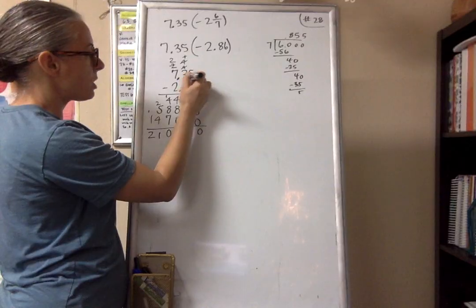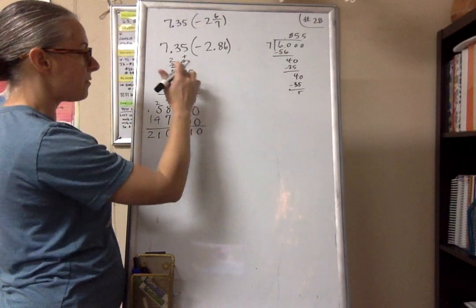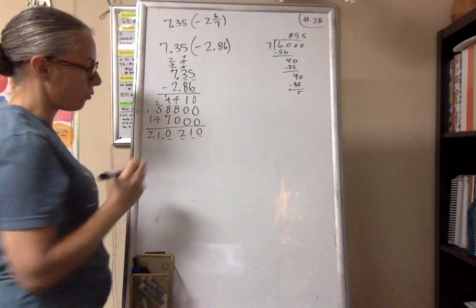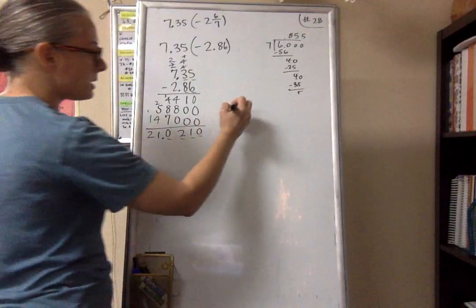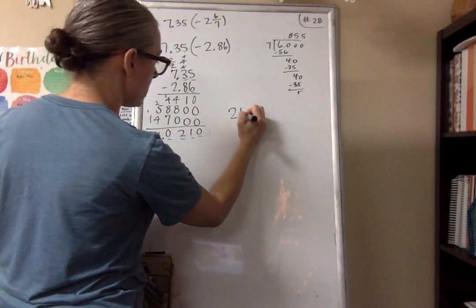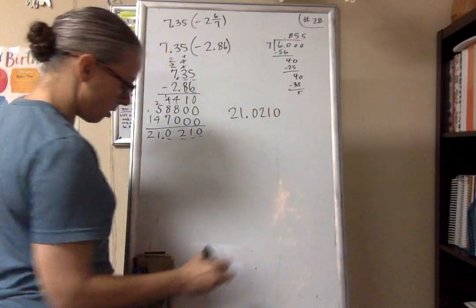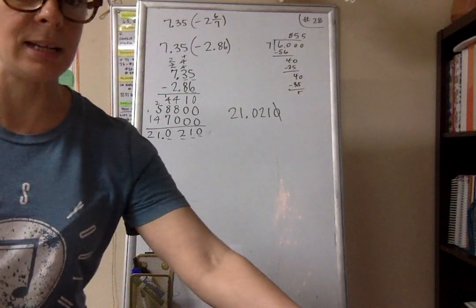I have 4 digits to the right of the decimal point, so I also want my answer to be formatted the same. I want 4 digits to the right of my decimal point, and I get 21.0210. That last 0 is not necessary for me to write.